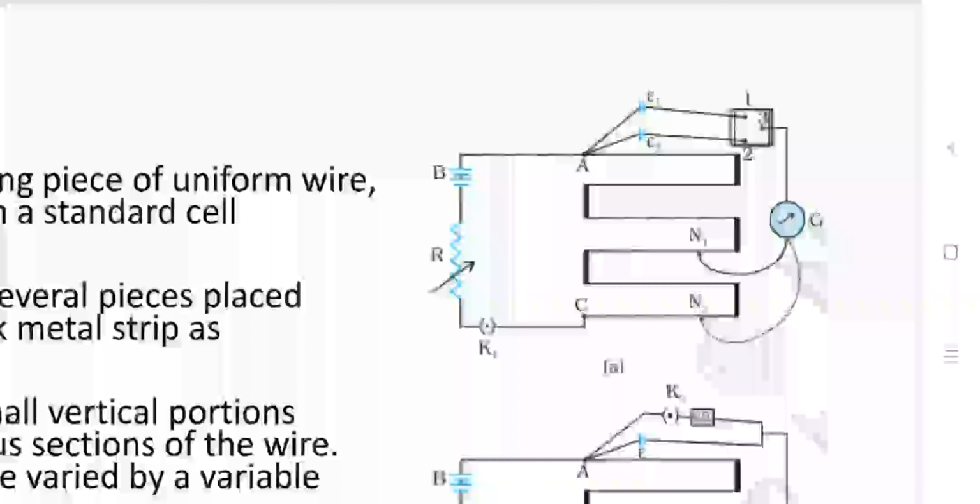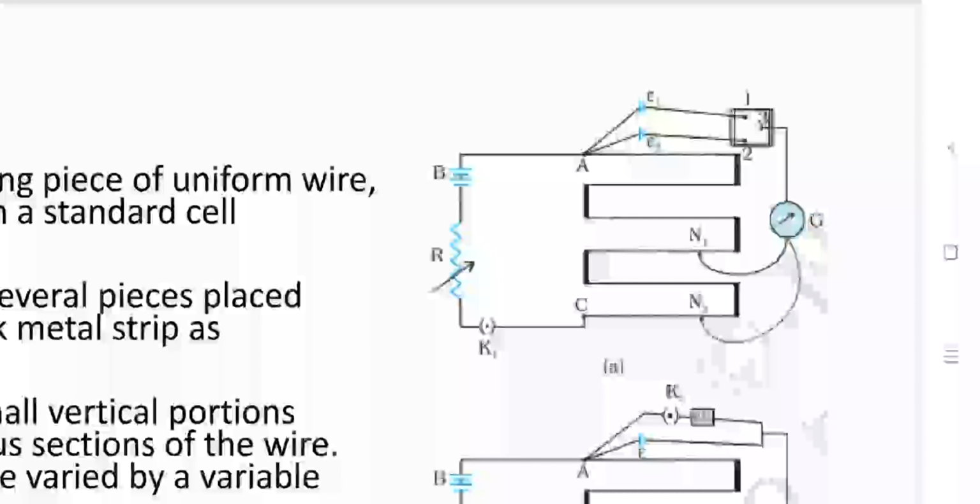Now first the switch is connected between points 1 and 3. At that time apply the Kirchhoff loop rule. While the cell epsilon 1 is connected, current does not flow through the galvanometer; the balance condition is available at point N1. So apply the loop rule between A and N1.